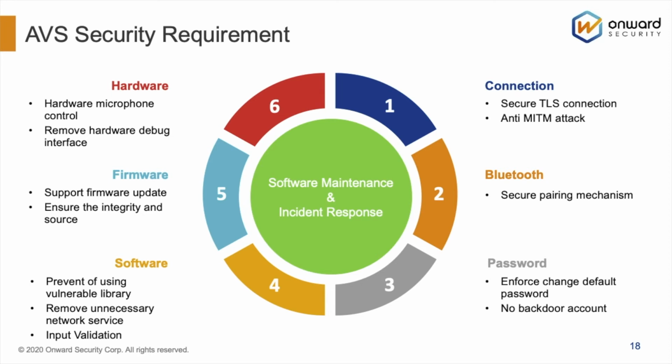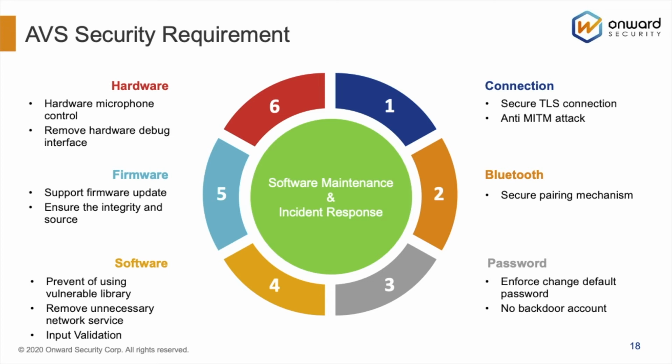The first one is about the connection. Every IoT device has a connection. Sometimes they use Bluetooth or Wi-Fi, so the device needs a connection to connect to the Alexa cloud. So Amazon has requirements about the connection.